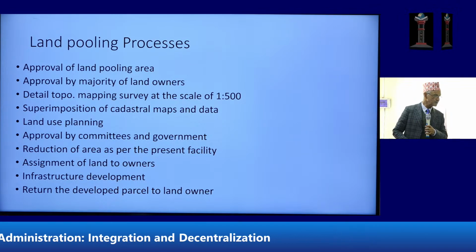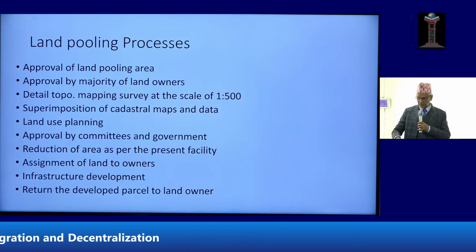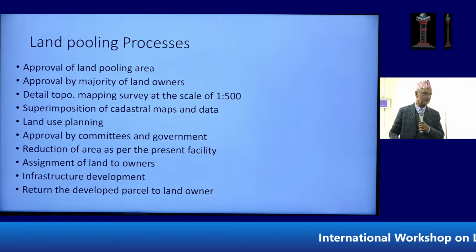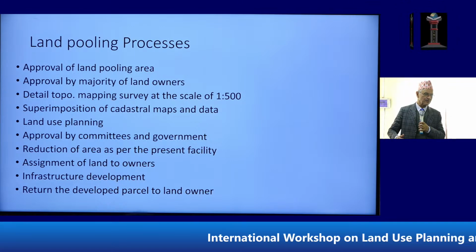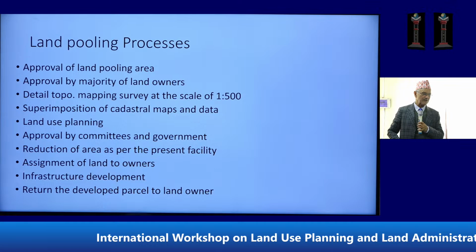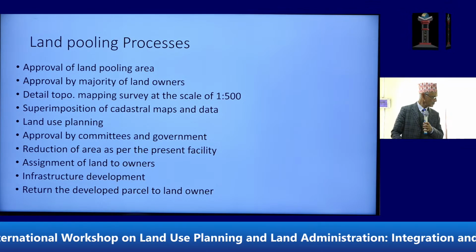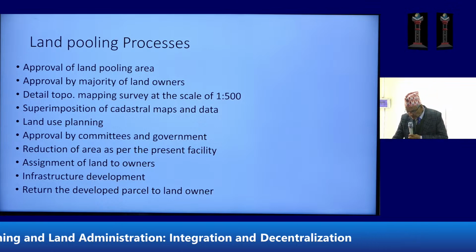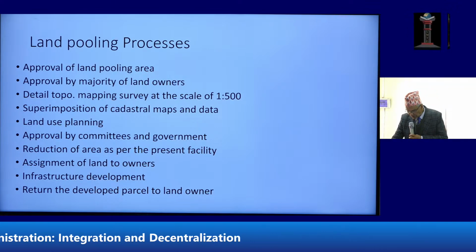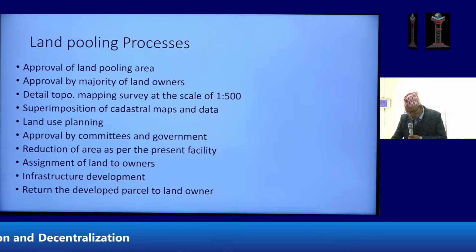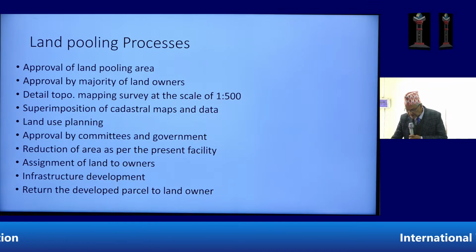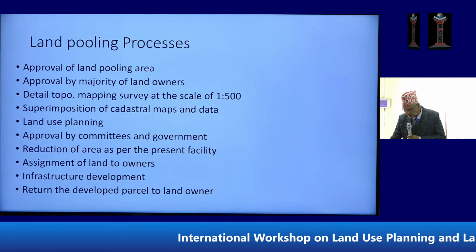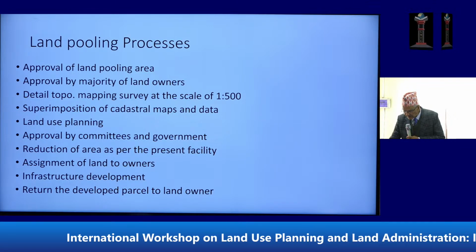But when we do the land pooling process, the value must be at least 4 times the present value after the development. Otherwise, it will not be economical. So the infrastructure is developed, and then the parcel land is handed over to the landowners.